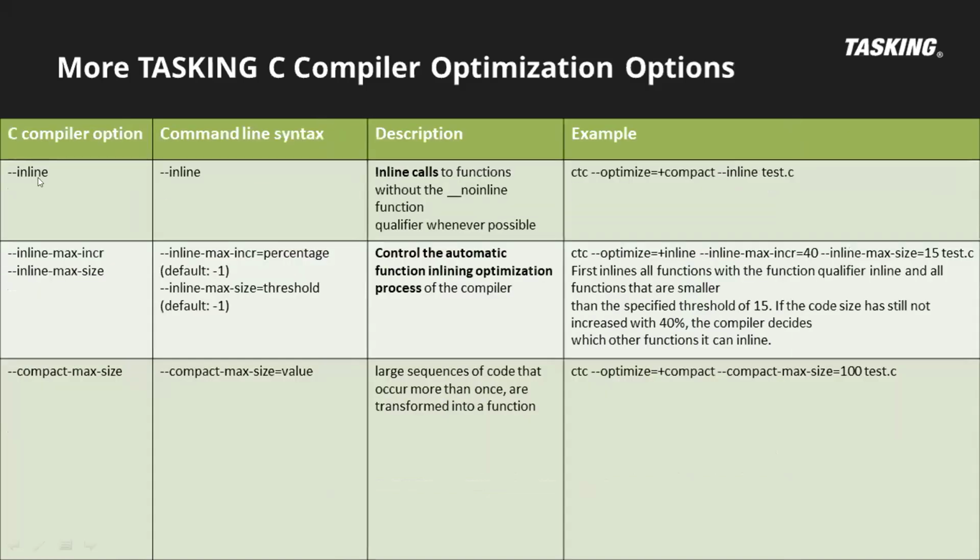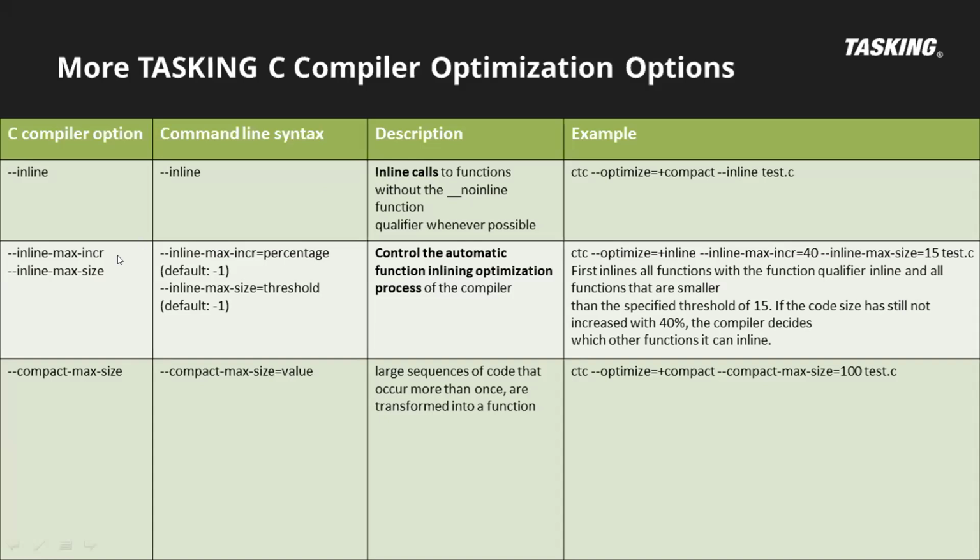All right, so more compiler optimizations. We have here this inline option. It will inline the functions that don't have the underscore underscore non-inline qualifier. So the compiler will inline functions as much as it can. And this is an example: you just specify this inline option in the command line.